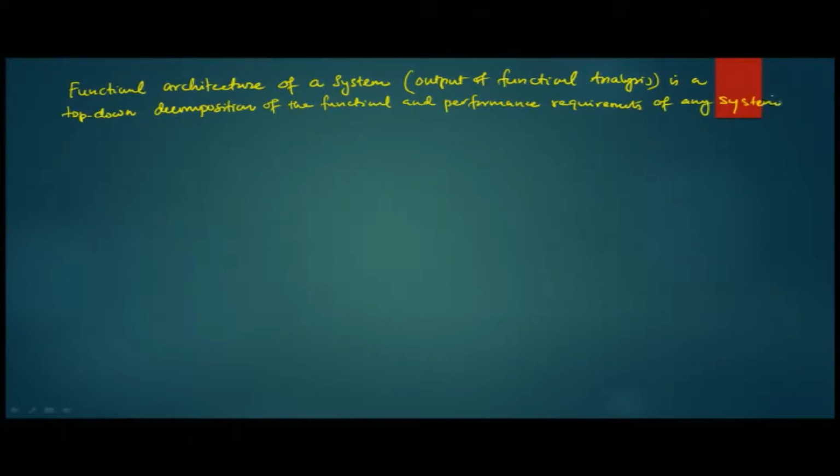So this is the first point everybody needs to clearly remember. The functional architecture of a system, which is the output of the functional analysis, is a top-down decomposition of the functional and performance requirements of any system.